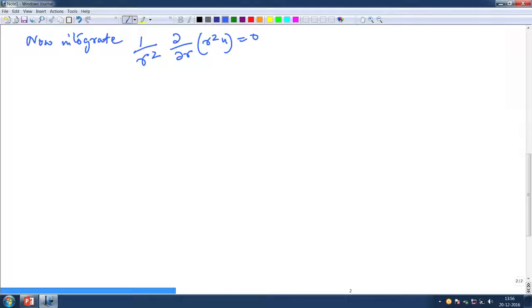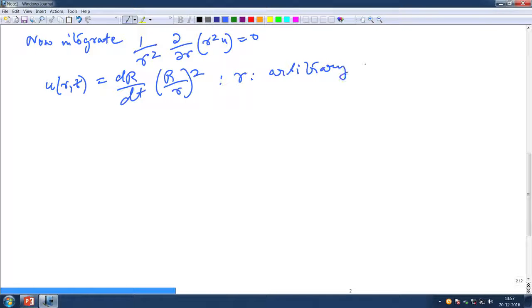Once you integrate it, u at r comma t will be equal to the growth rate, dR by dt, times R squared over r squared, where r is any arbitrary location in the liquid phase.